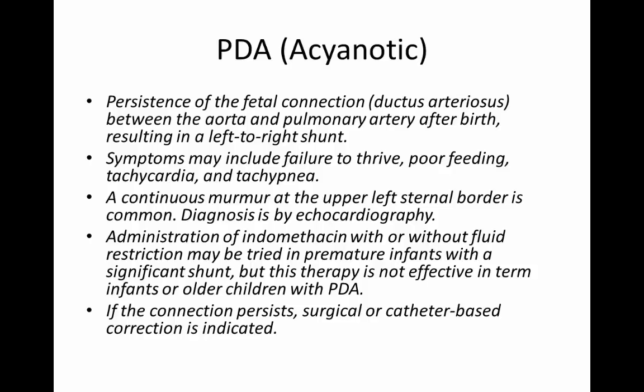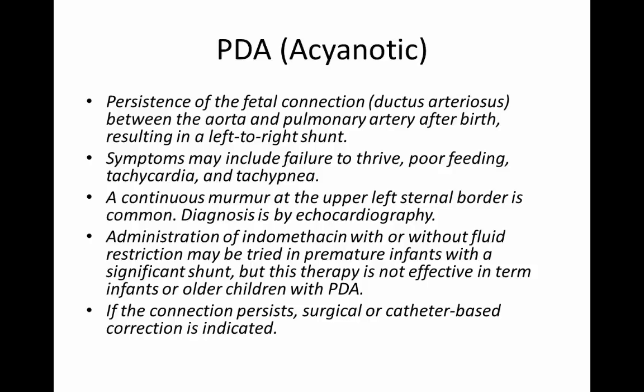Treatment: because the decrease of prostaglandin will promote the closure of the ductus arteriosus, you should give a prostaglandin synthesis inhibitor, which is indomethacin or ibuprofen. That helps with closure of the PDA in premature children. Sometimes transcatheter occlusion devices or surgical repair is necessary.